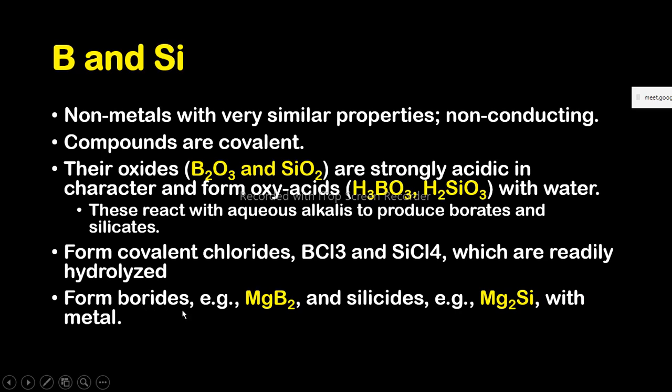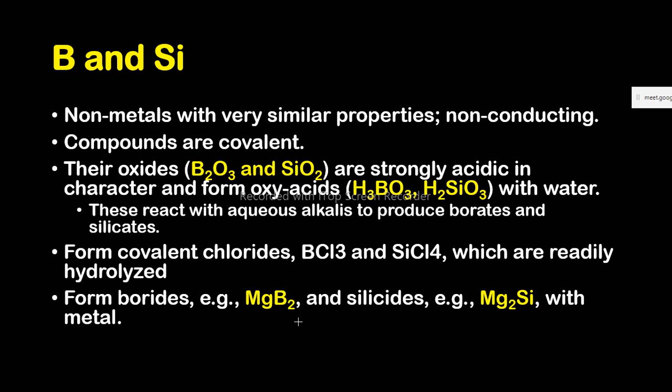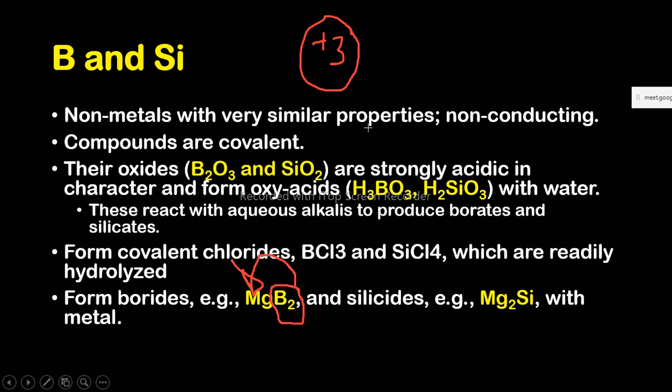Then they all form borides, e.g. magnesium boride. Now you see, boron is assumed to be a metal because it is in group 3 and has an oxidation state of +3, but see, it is combining with other metals. Can you imagine? Okay, so it becomes confusing.